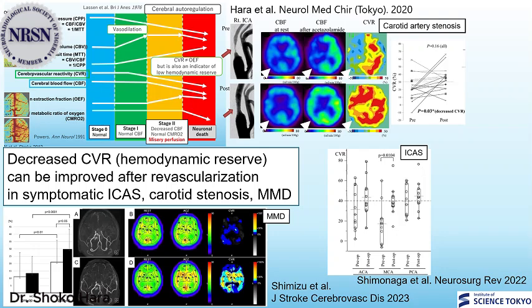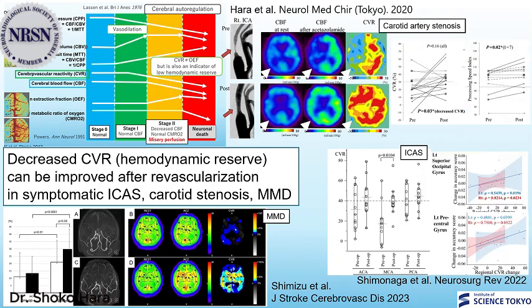Several studies, including ours, have also suggested that improvement in CVR or CBF is associated with post-operative cognitive improvement. Therefore, when decreased CVR improves after surgery, it is reasonable to expect a reduced risk of subsequent stroke, as well as potential cognitive benefits.